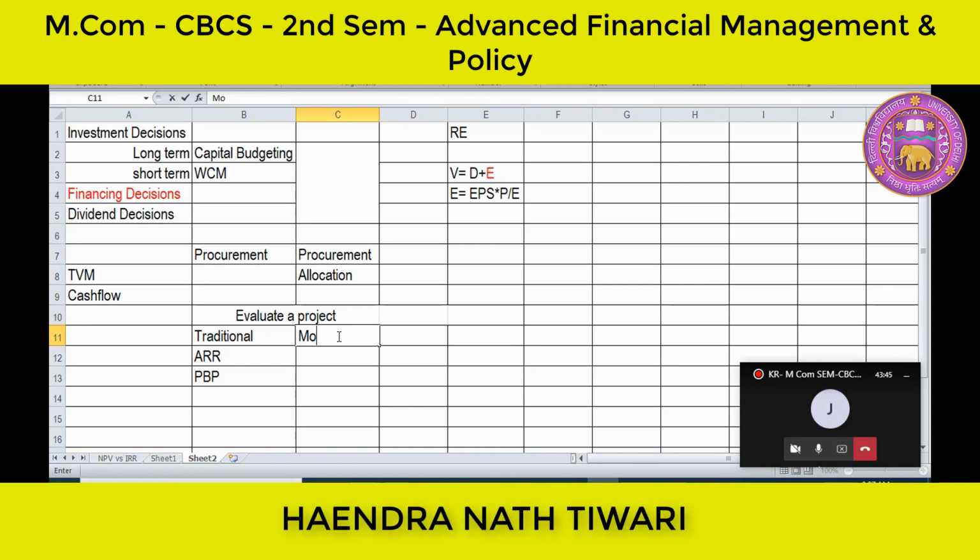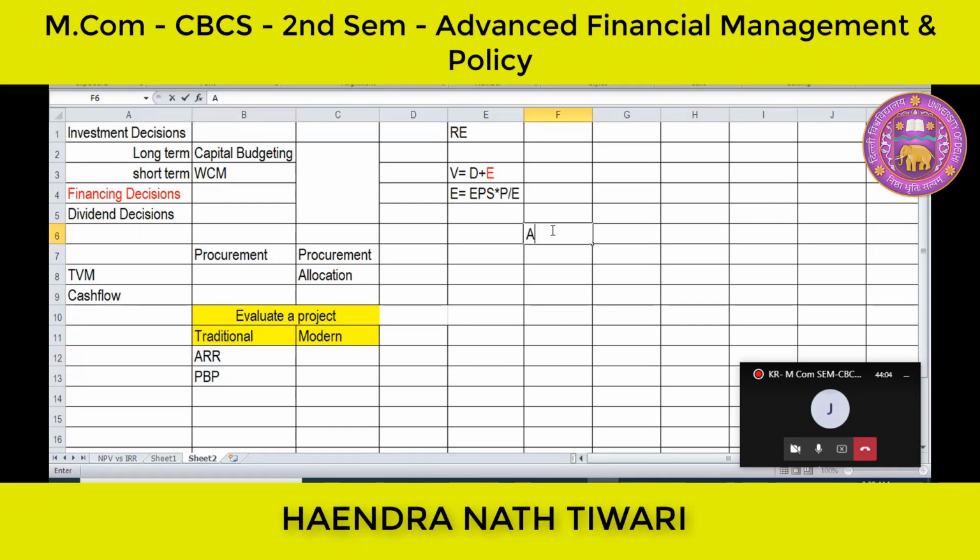Now, what was the problem with this? Accounting rate of return is based on accounting profit.